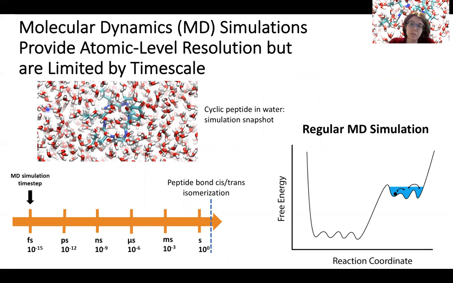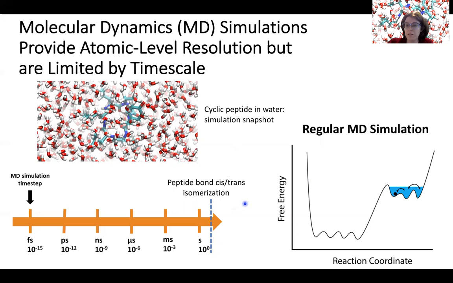The issue with MD simulations is that you have to use a time step around a femtosecond. A lot of the conformational changes that we're interested in are much longer timescales. For example, peptide bond cis-trans isomerization, which occurs for a lot of these cyclic peptides, is around the minute timescale. To get one isomerization event, we would have to do over 10 to the 15 computations, which is just not feasible with current computing power.